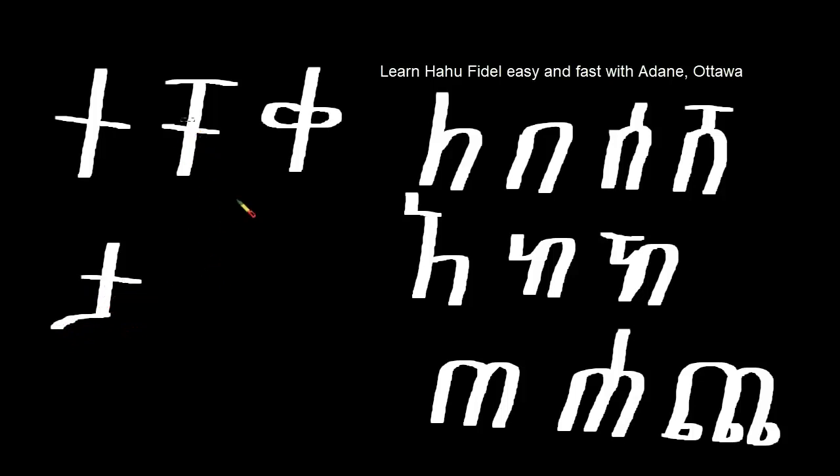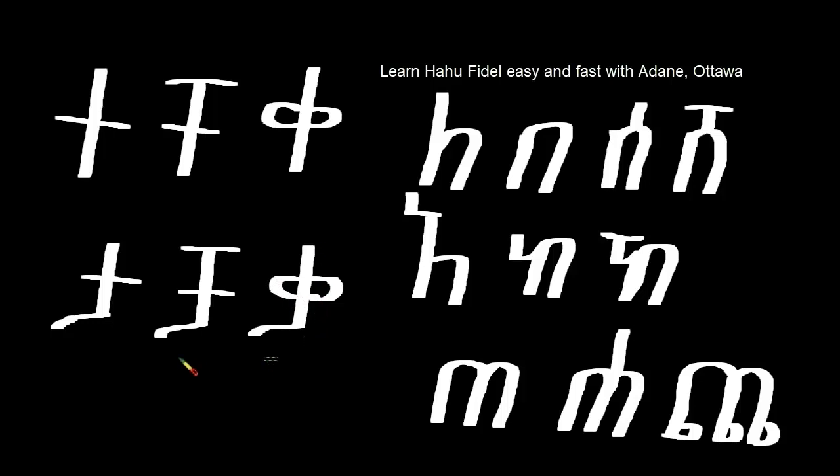The same goes for che and ka, because they are the same. When we put the line this way, ta becomes cha, you know that. Then for ka, drag it down and to the left. Then you can put this here and bring this one to here. It becomes ka.